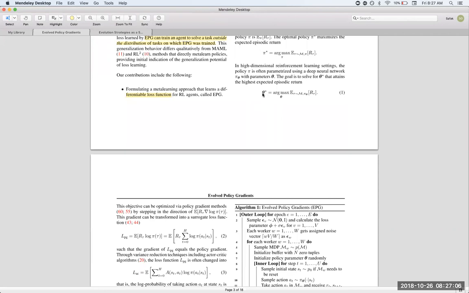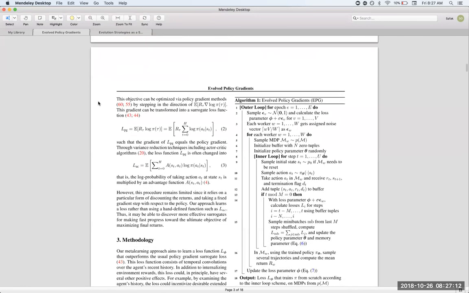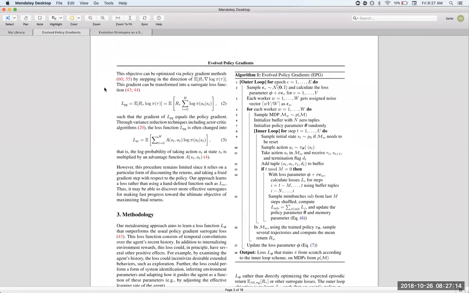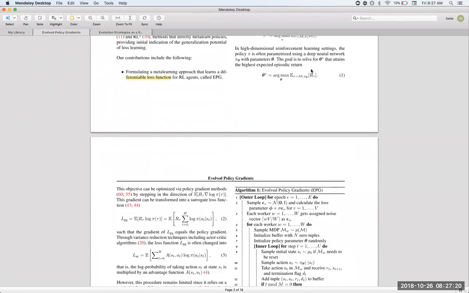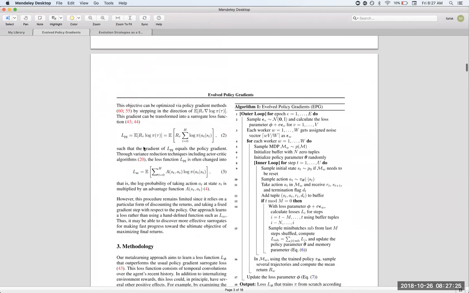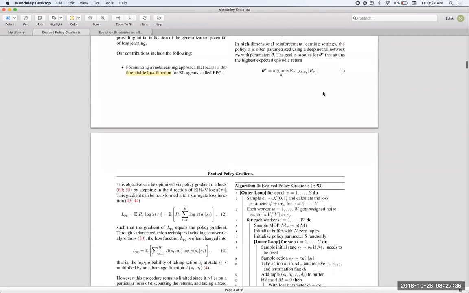So you're solving for theta with SGD as you would on a regular neural network problem. Also, there's this concept of surrogate loss functions. Instead of optimizing on this expectation, you optimize on this expectation, LPG, which is a surrogate loss function. The minimum of this loss function occurs at the same theta star point as this right hand side.